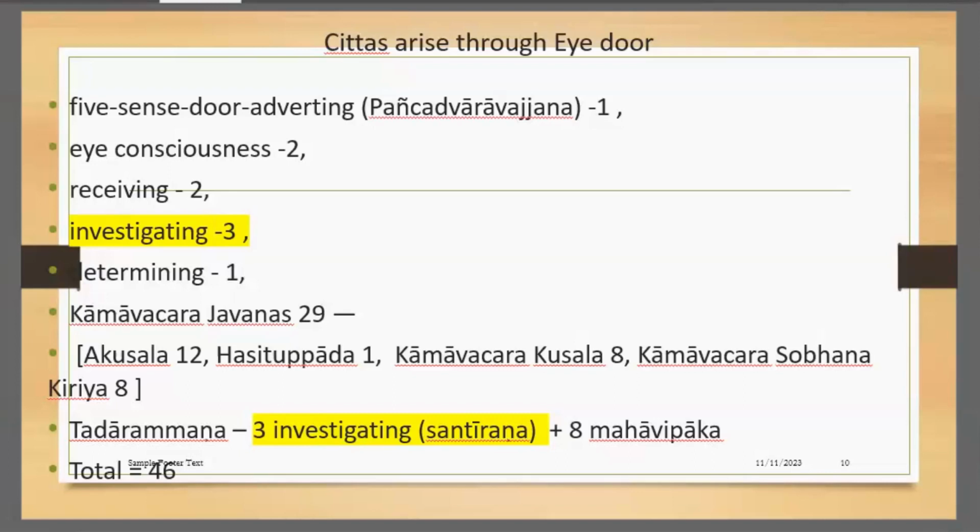There are 2 sections in Tadarammana, 3 investigating and 8 Mahavipaka. We have already taken the 3 investigating consciousness in the investigating function, so we add only 8 Mahavipaka. Altogether, 46 chittas arise through the eye door.